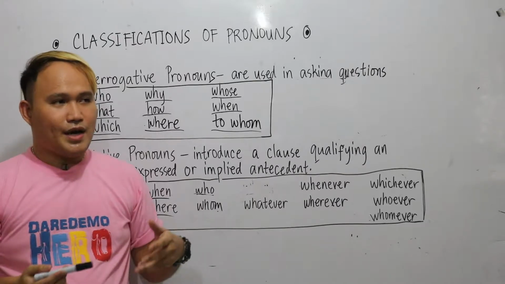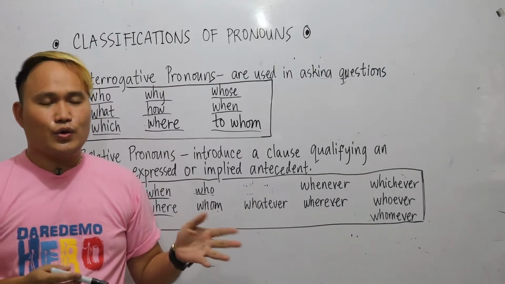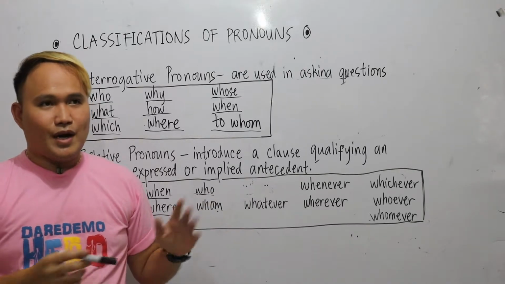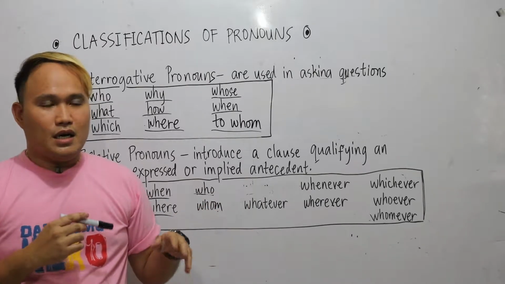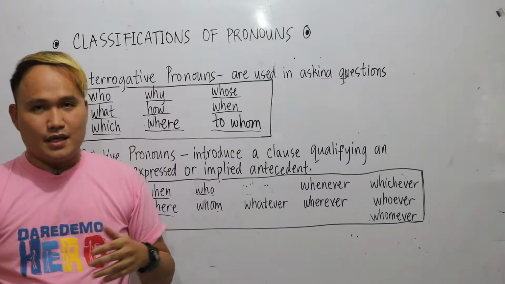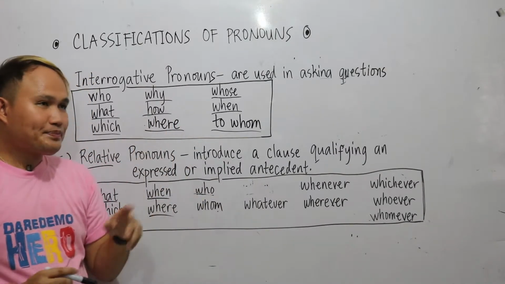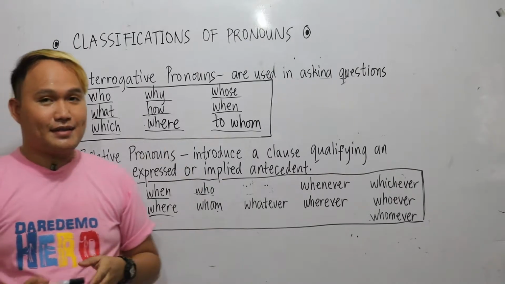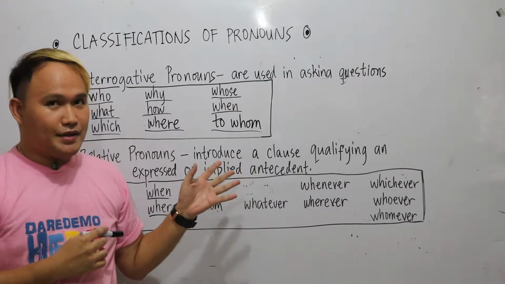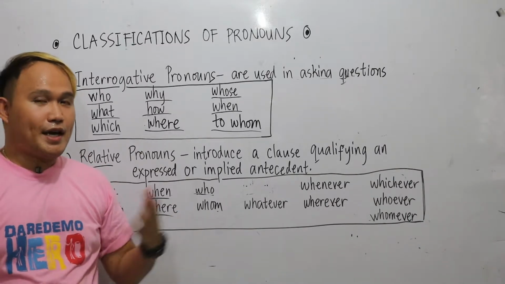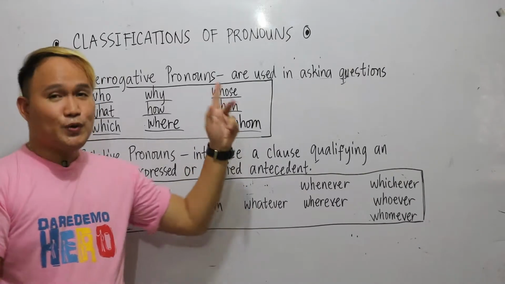Or I could ask, how do you cook this menu? Or how do you bake a cake? Next, where. Where, of course, denotes a place. So you can ask, where did you go yesterday?